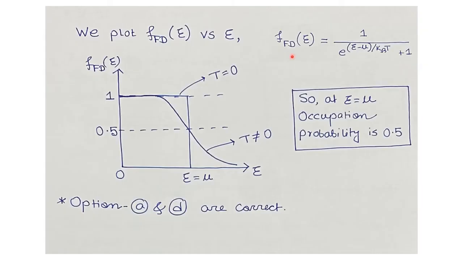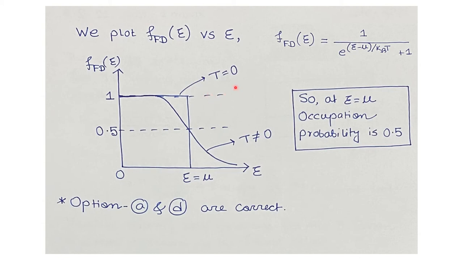We have already seen the distribution function for a fermionic system, which is also known as the occupation probability of the fermions, is given by 1 by e to the power (E minus mu) by kBT plus 1. If we plot this occupation probability as a function of energy, then it will be a step function for temperature equals 0 Kelvin.